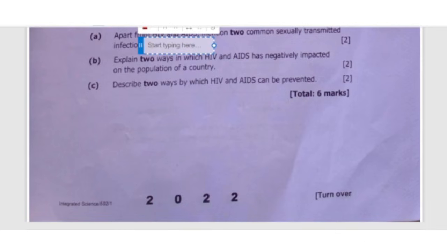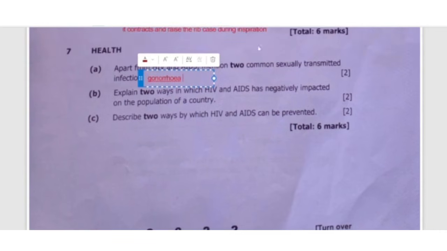The other one, remember the word is common, which makes me stick to gonorrhoea and syphilis. Gonorrhoea and syphilis are two common diseases that are transmitted through sexual intercourse.